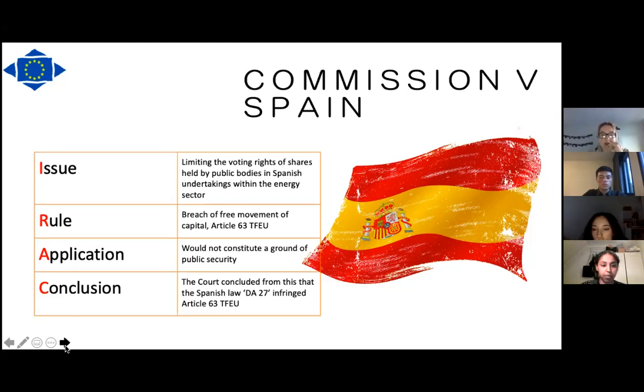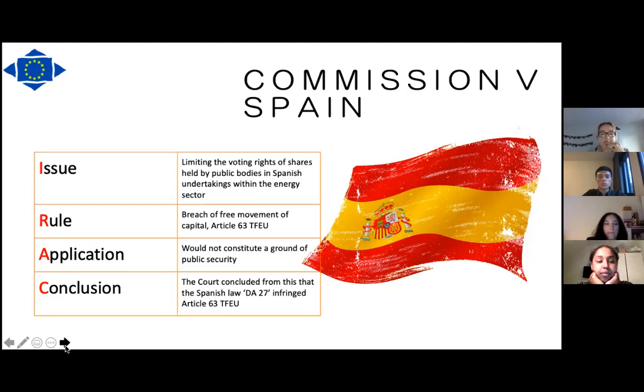Since this might deter investors of other member states from acquiring shareholdings in these undertakings, the Court of Justice found the restriction in breach of the free movement of capital, Article 63 TFEU. The Court of Justice went on to consider whether these restrictions were justified on the grounds set out in Article 65 or by overriding reasons in the general interest.